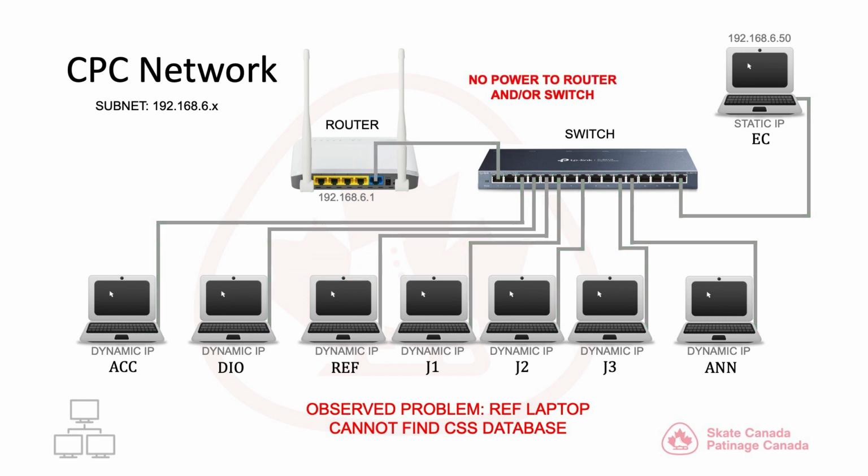Now imagine that we had a different problem that was causing the error on the referee laptop. In this case, the problem is that we have no power to the router or switch. This hardware problem might still produce a database connection error message on the referee laptop, but in this case, the entire network will be down, and therefore the problem will not be isolated to the referee laptop.